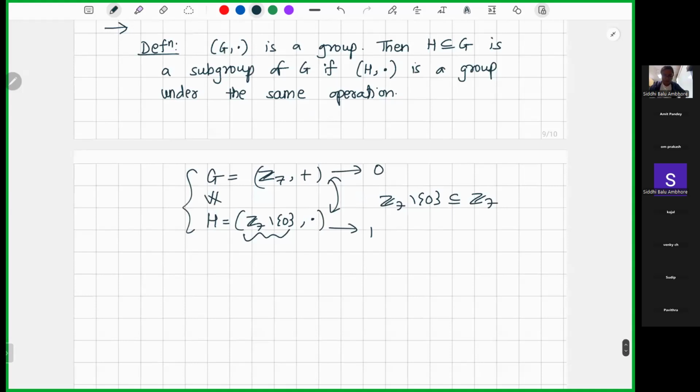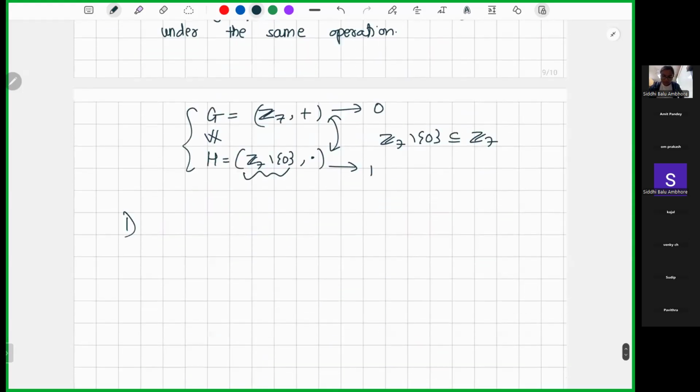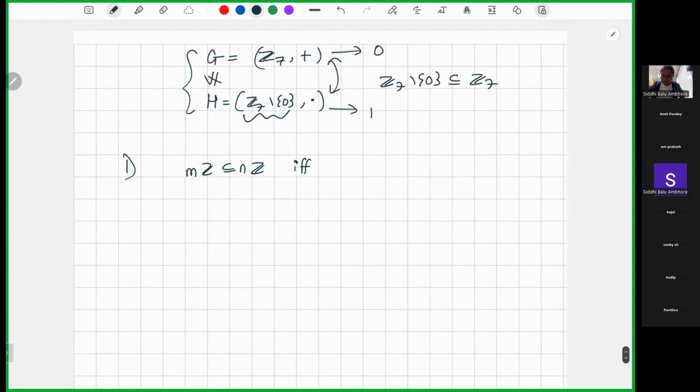So again, first we have to check what they are saying: that mZ is contained in nZ if and only if m divides n. Is this true?